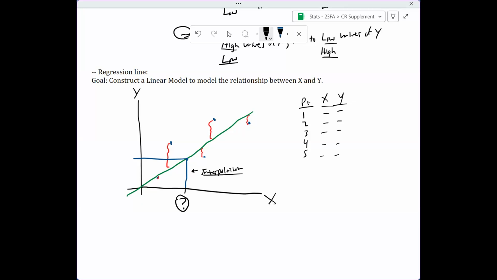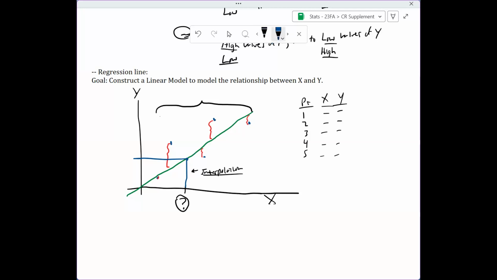Interpolation. Or the other thing that I could maybe do is I could say, well, my x data kind of spans this chunk of my x-axis. Maybe I'll use blue again.